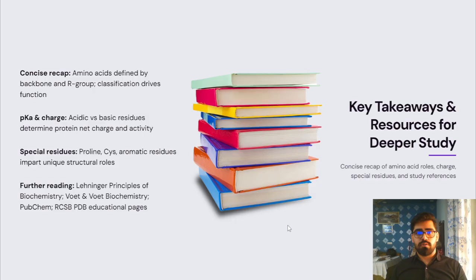We have also studied how they differ depending on pKa and charge values, that is, basic and acidic ones behave differently. Special residues: we have learned about disulfide bonds and the property to absorb UV. Don't forget TRP is best at 280 nanometers.